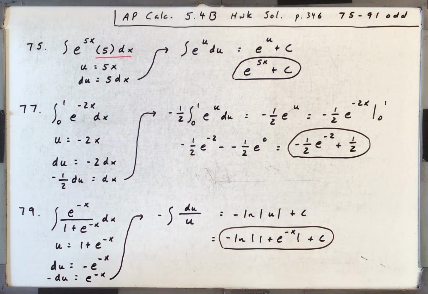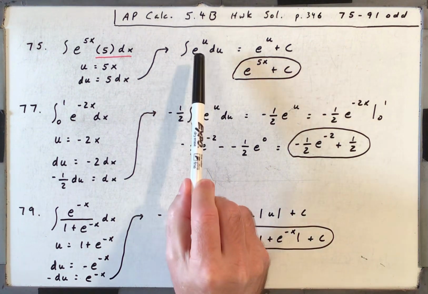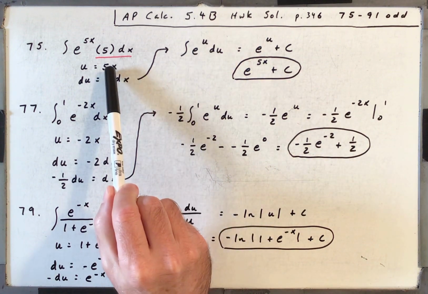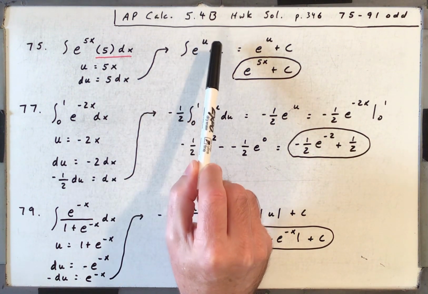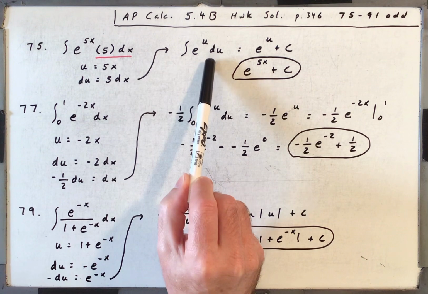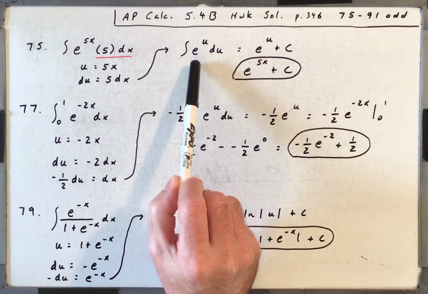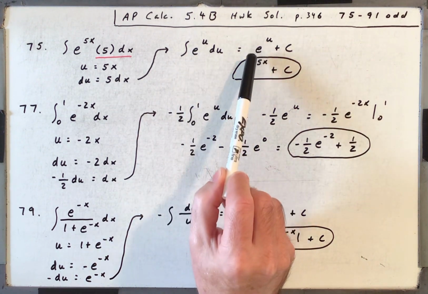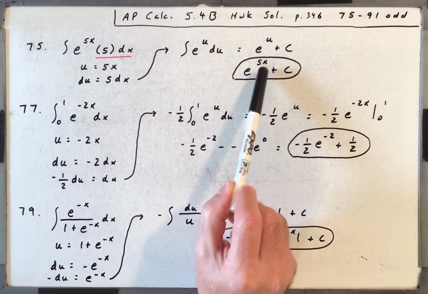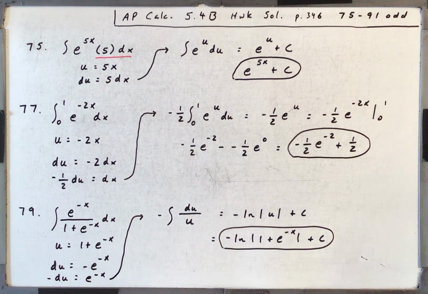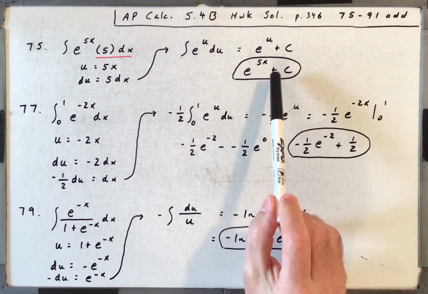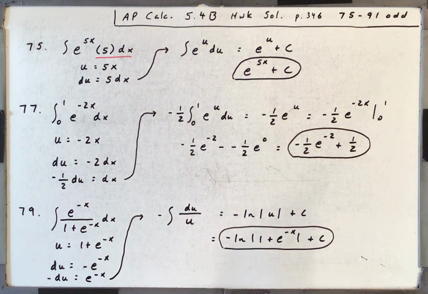So we can rewrite this in terms of u as e to the u du. Okay, so the antiderivative of e to the u is e to the u, so e to the u plus c, and then we substitute back in the u, which is 5x, and you can take the derivative of that and get right back to this.